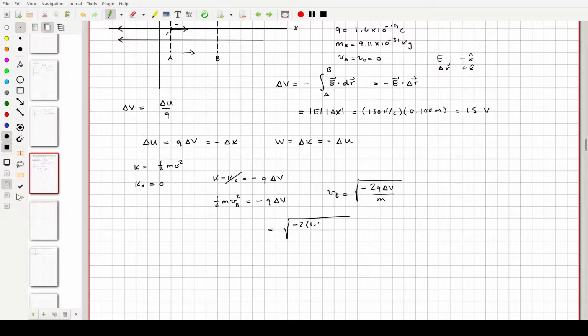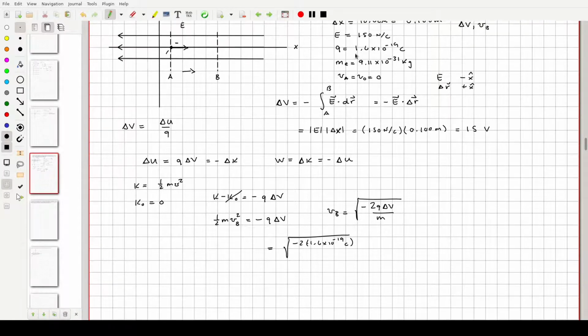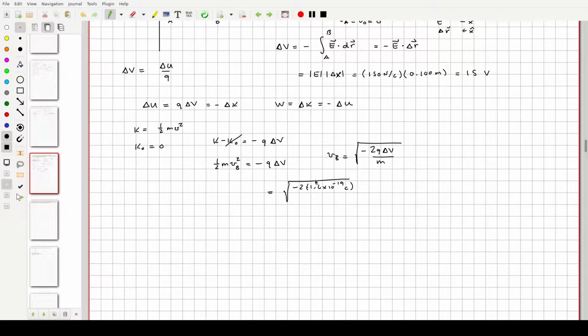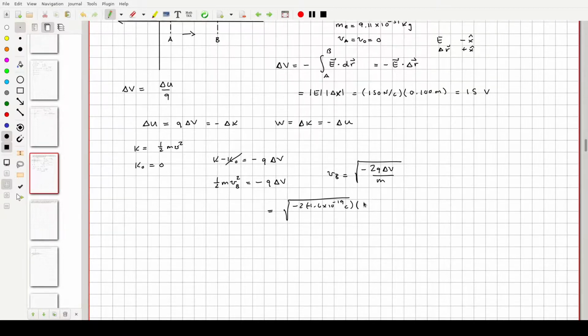Q was 1.6 times 10 to the minus 19th coulombs, but it's negative because electrons are negative. I should have pointed that out there. Sorry about that. It's negative. Our difference in voltage is 15 volts. And the mass is 9.11 times 10 to the minus 31st kilograms.